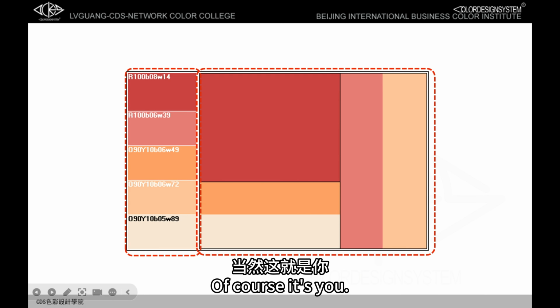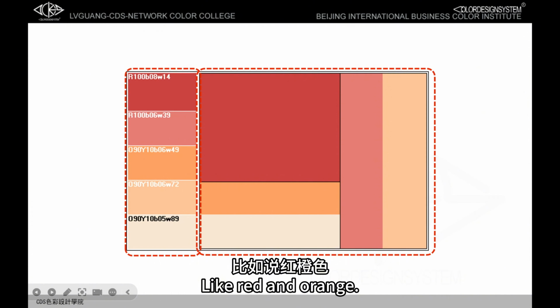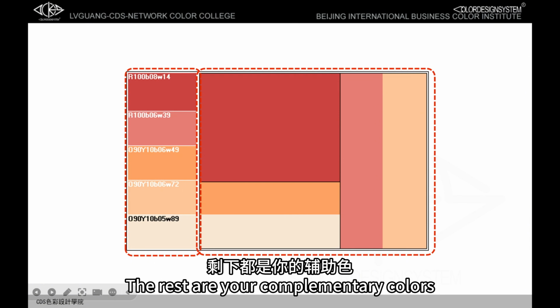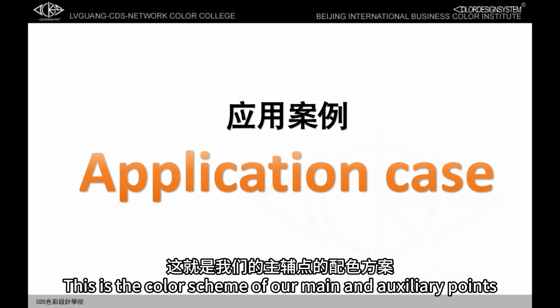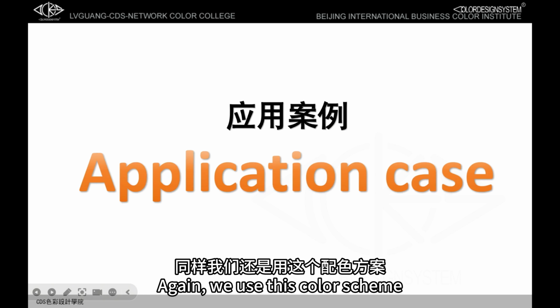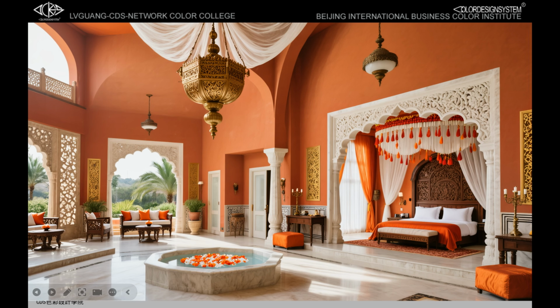Of course, the most important thing is to use the largest area of color, like red and orange. The rest are your complementary colors. This is the color scheme of our main and auxiliary points. Again, we use this color scheme. Let me give you some color application cases. Let's take a look.